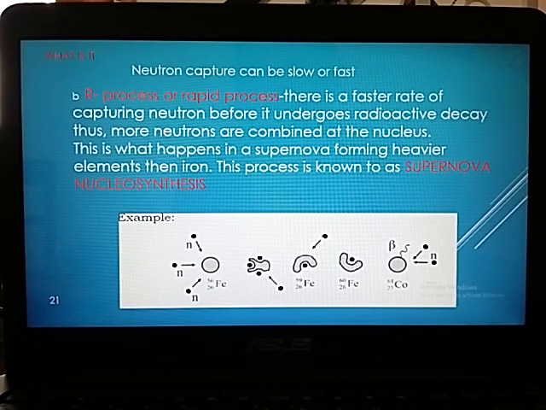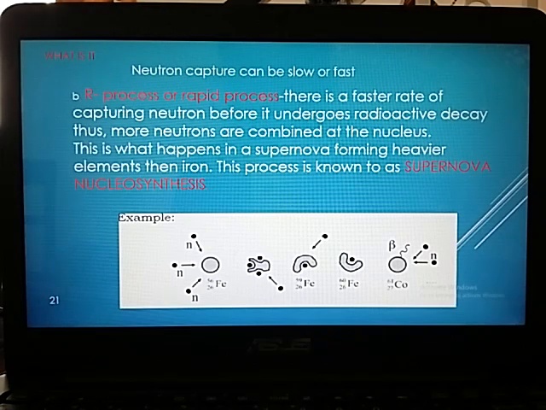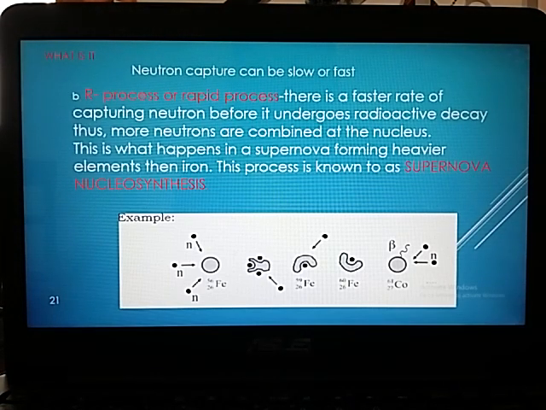Yun na nga. Neutron capture is also called the supernova nucleosynthesis. Supernova. And sinasabi na during the pagsabog ng supernova na ito, heavier elements were formed. How does it came to be?